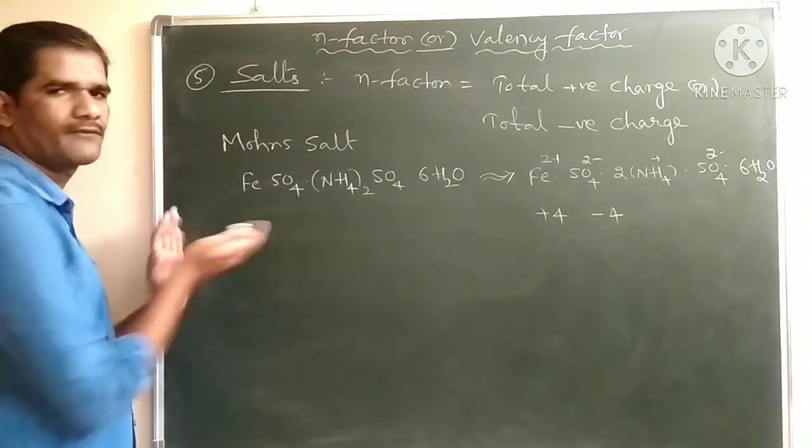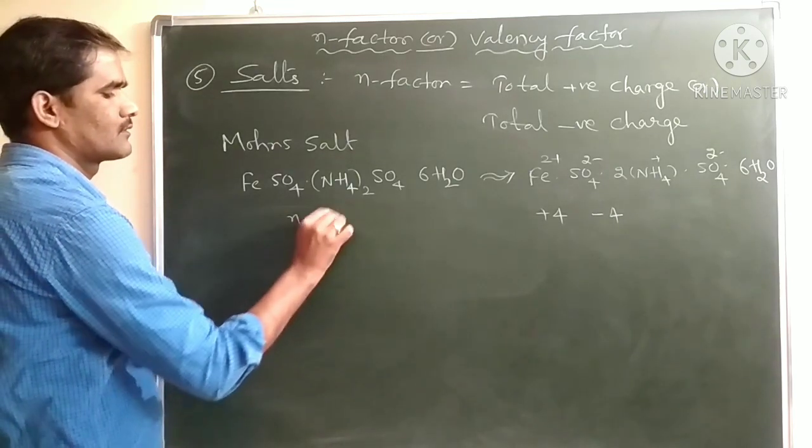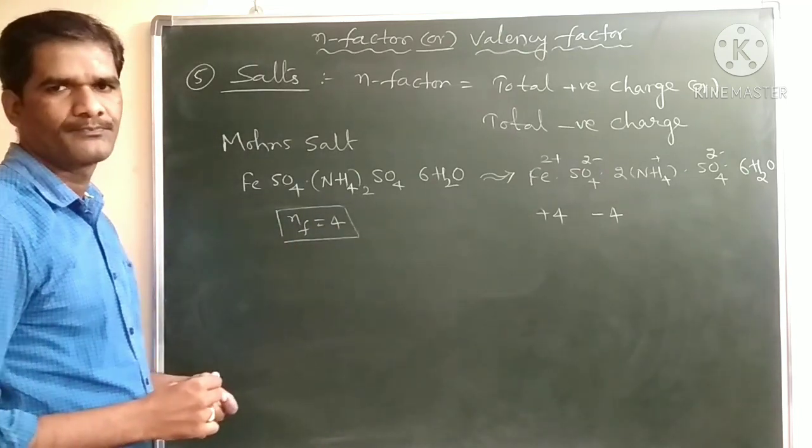So the overall N factor for Mohr's salt is 4, because either total positive or total negative.